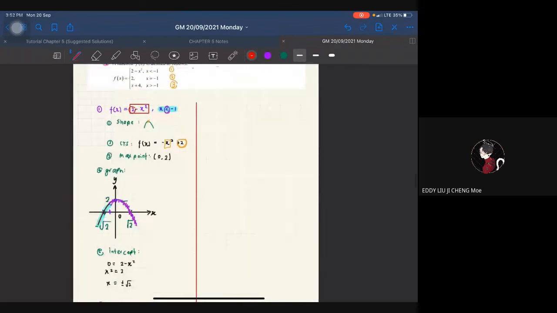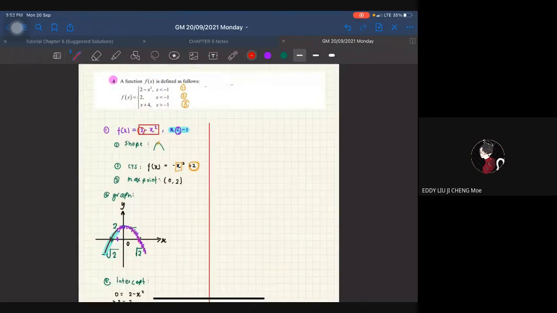Okay, so graph kedua kita adalah fx equal to 2. So this is the constant graph. Okay, so we have fx equal to 2 and then kita punya domain ataupun constraint kita is x ni, dia adalah pada -1 sahaja. Okay, so kalau graph constant, kita nama lain dia, this one is y equal to 2.